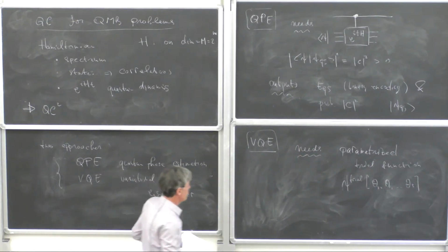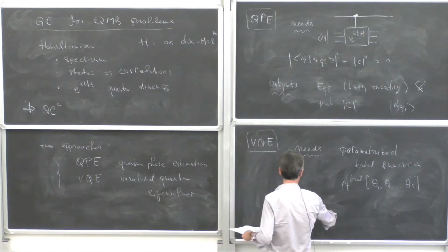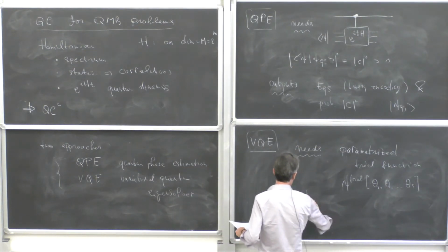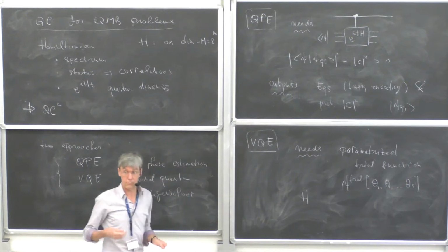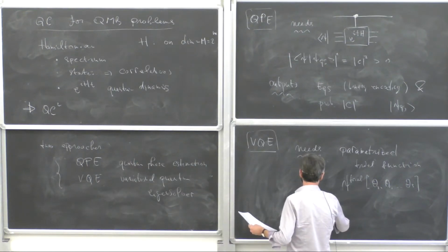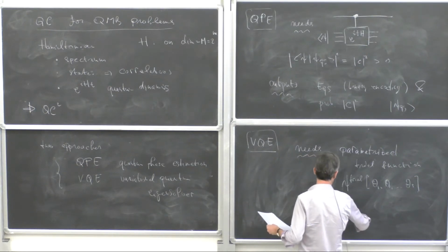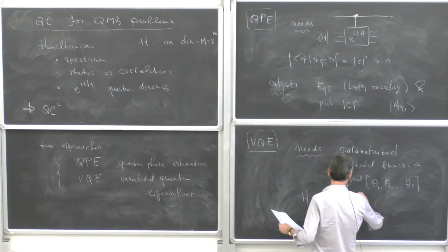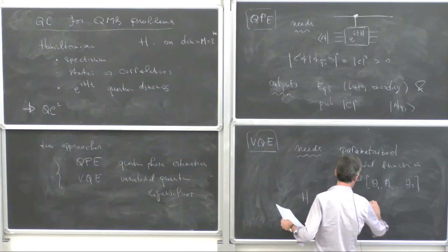And then another need is, I have to be able to represent my H as an operator on the circuit, which typically means that the H is in the end represented by some sum of Pauli words. So for example, it could be A1 times X1, it could be, let's say, B1 times Y2, Z3, plus and so on.